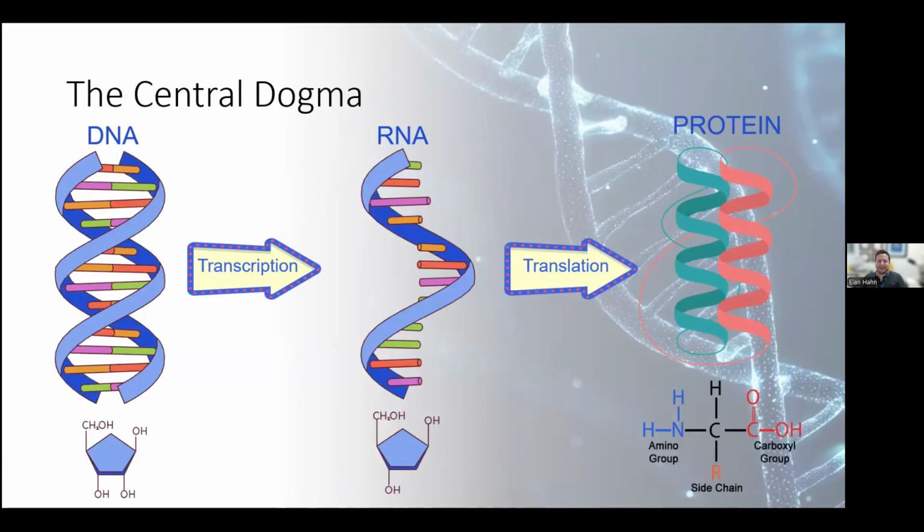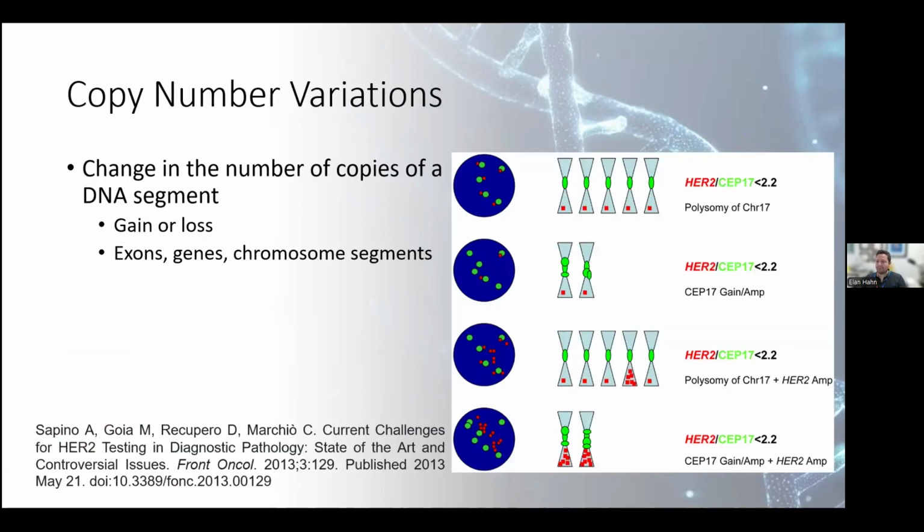The central dogma is that DNA is transcribed into RNA, which is then translated into protein, which will carry out the functions in the cell. Last week, we also covered copy number variation. This is a change in the number of copies of a segment of DNA, which could be parts of a gene, entire genes, or whole chromosomes.